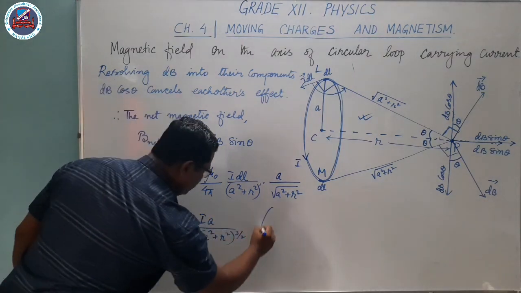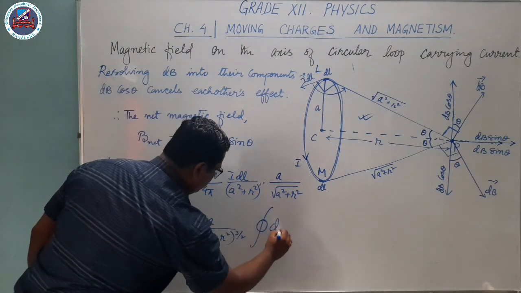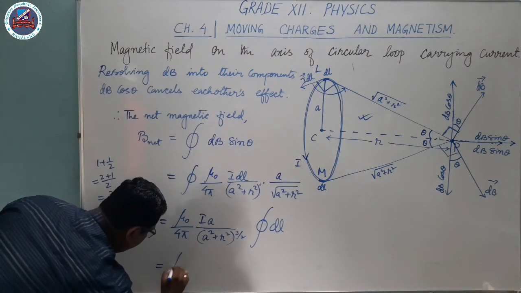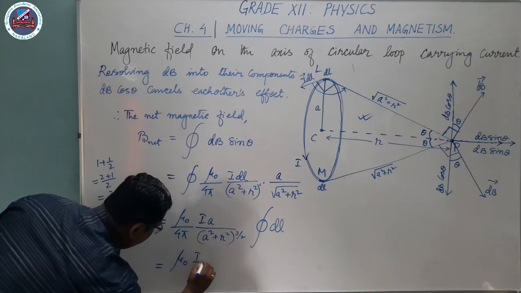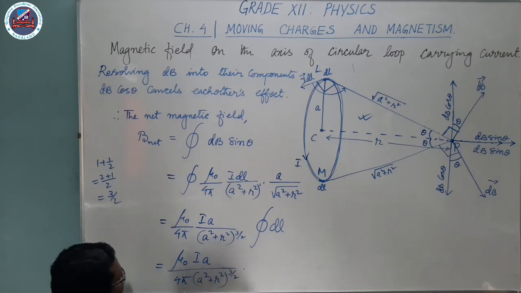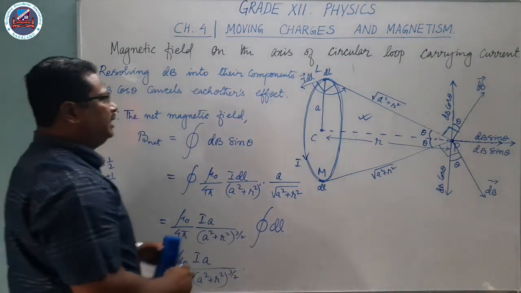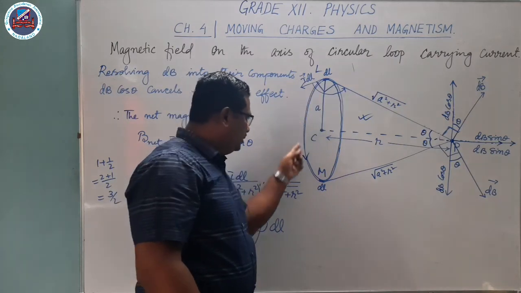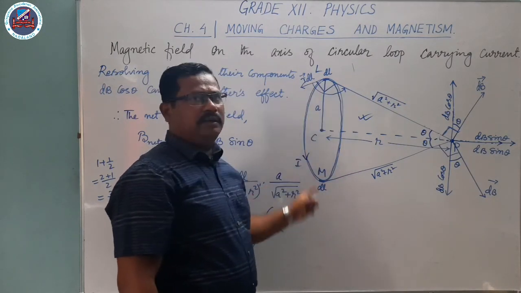And integration around the closed path dl, that you are going to do integration. So here you have mu naught IA divided by 4 pi s square plus r square to the power 3 by 2 into integration of dl. dl means a small portion of the wire. Whole integration will be the circumference of the wire.